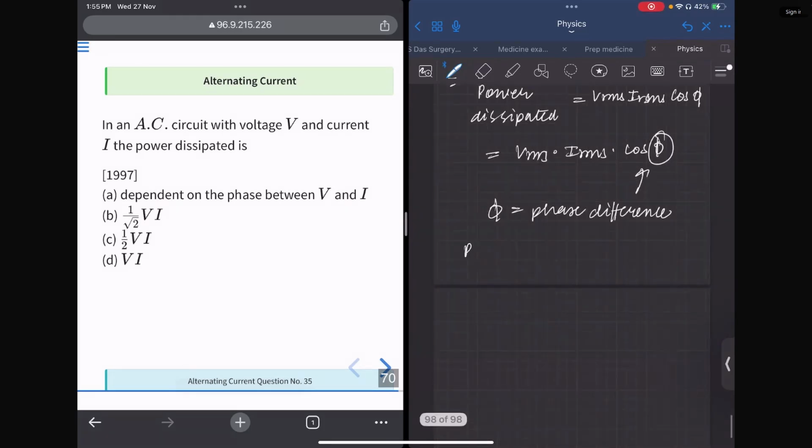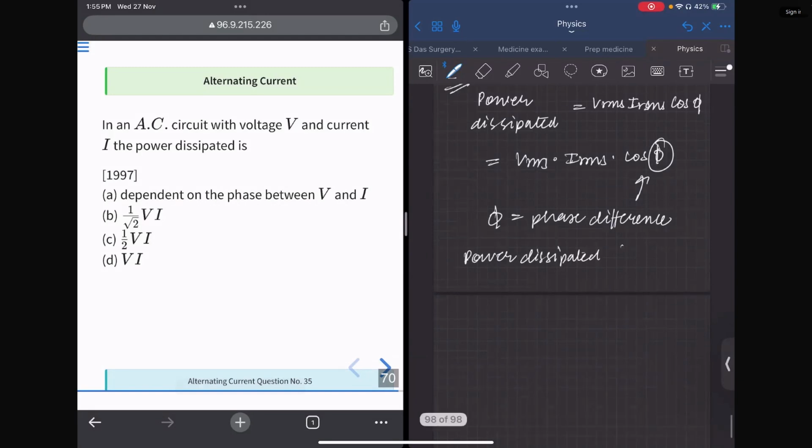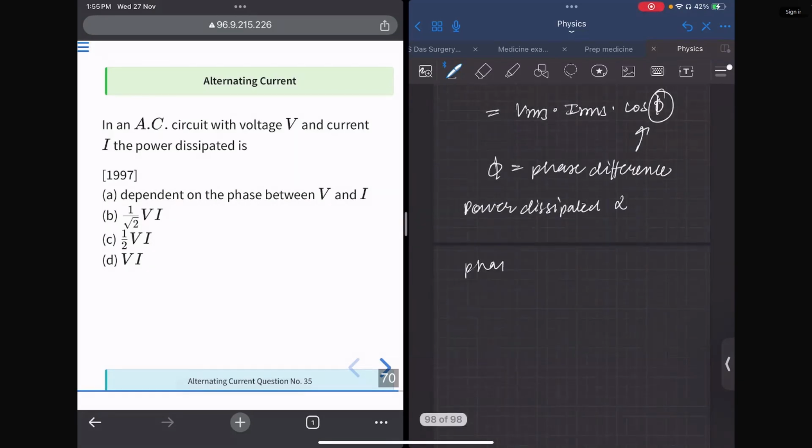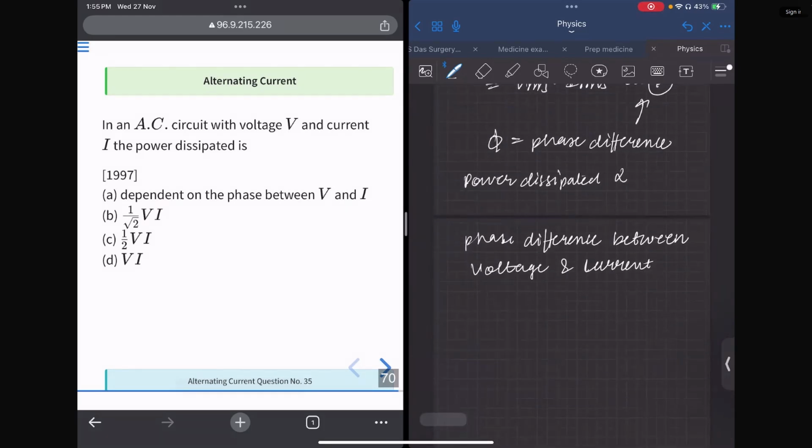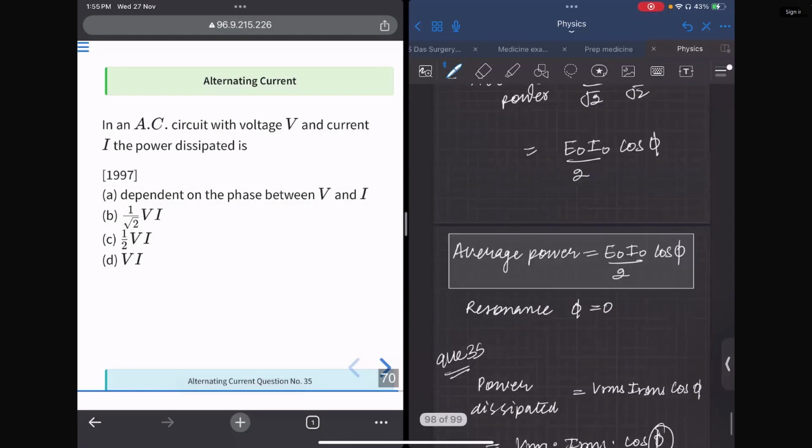So power dissipated depends on the phase difference between V, the voltage, and I, the current. We have read how to calculate phi for different cases.